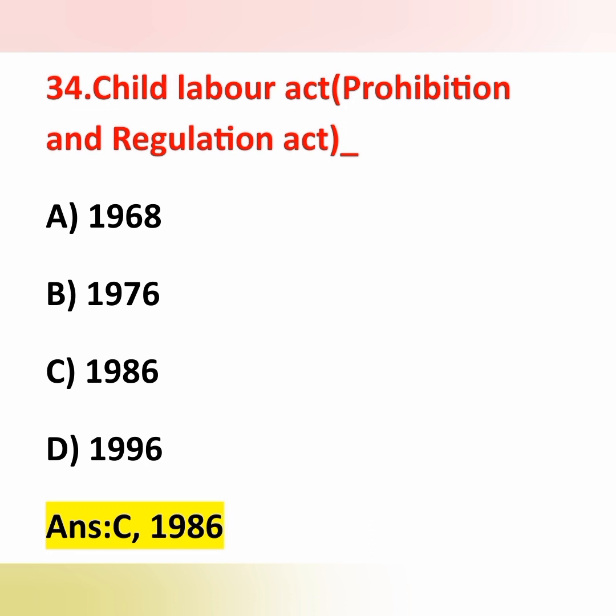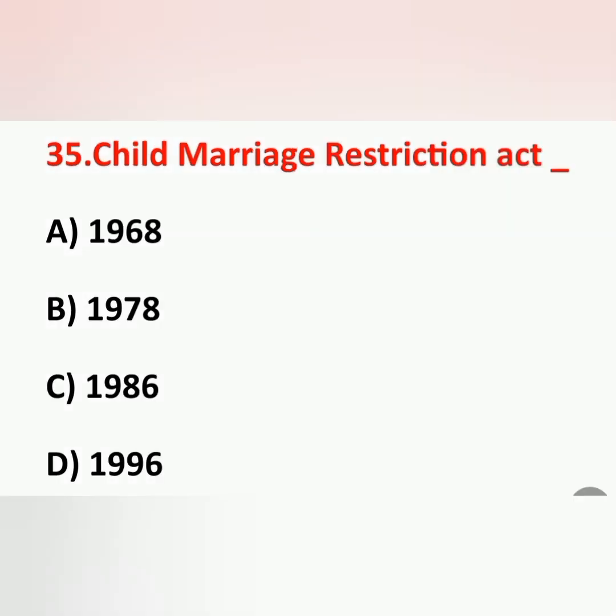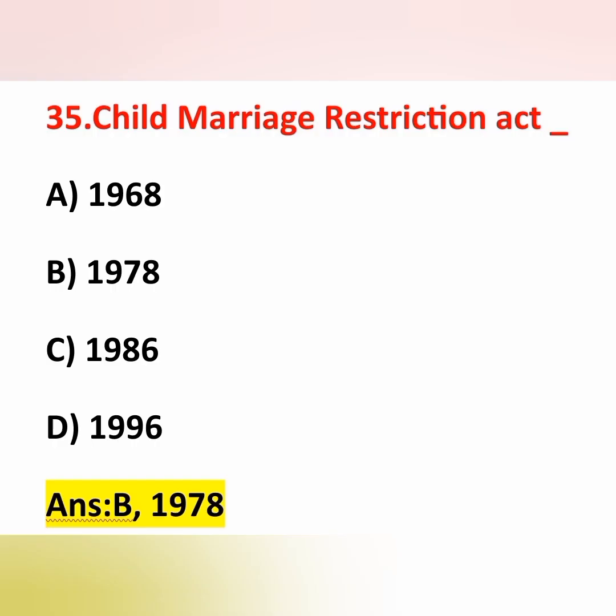And the next question, Child Marriage Restraint Act. Options, option A 1968, option B 1978, option C 1986, option D 1996. Child Marriage Restraint Act in 1978. Option B is the correct answer.